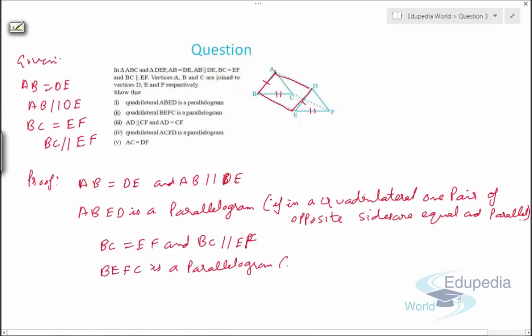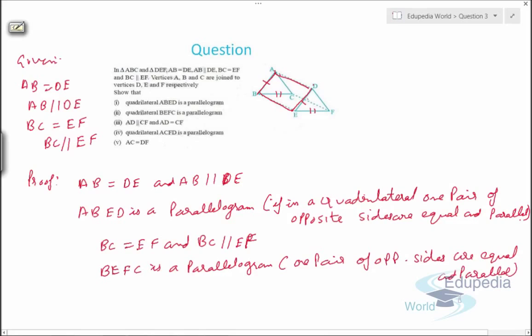Again the reason is one pair of opposite sides are equal and parallel. Now we have the two parts. Now we need to prove that AD equals CF.